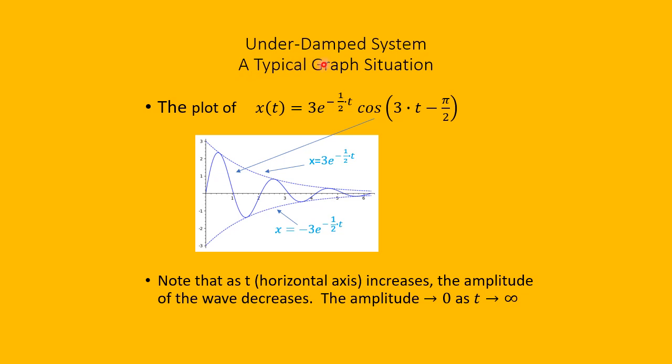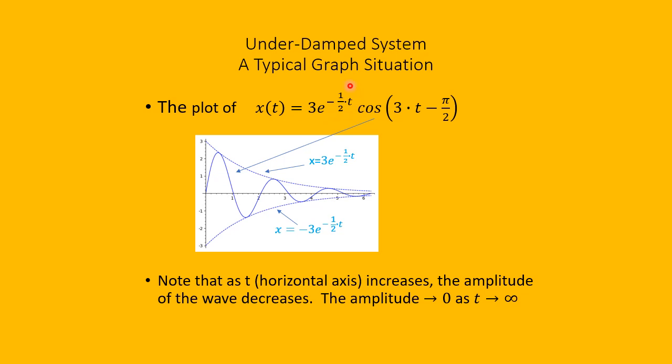So what sort of motion do you have in the underdamped case? Let's look at a plot of x of t equals 3e to the minus half t cosine of 3t minus pi over 2. We have several graphs here, so let's see what's going on.